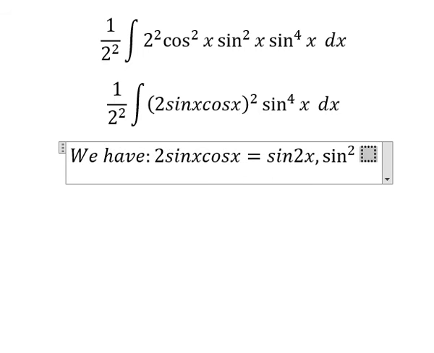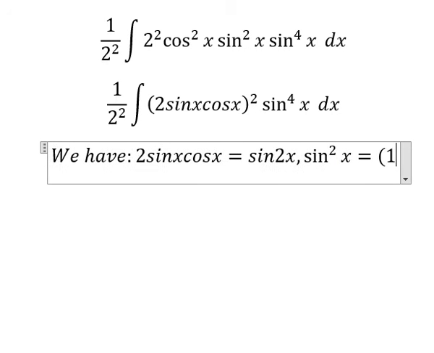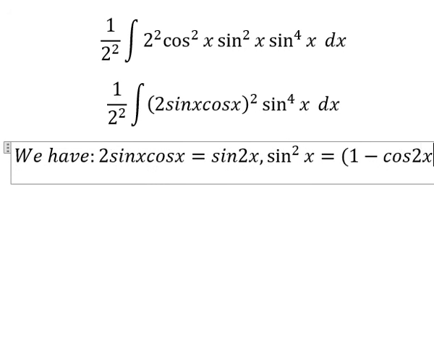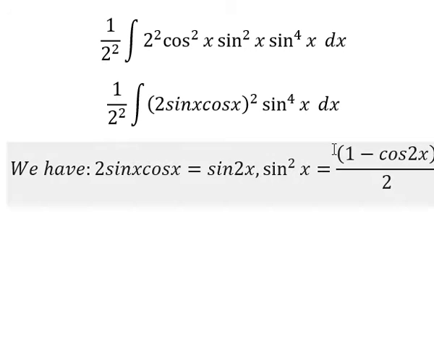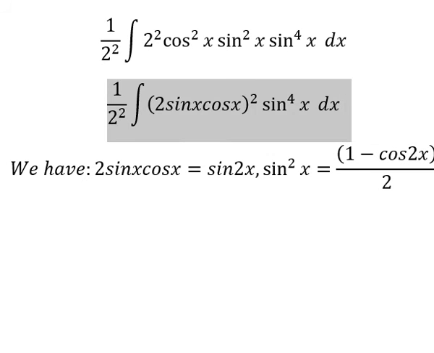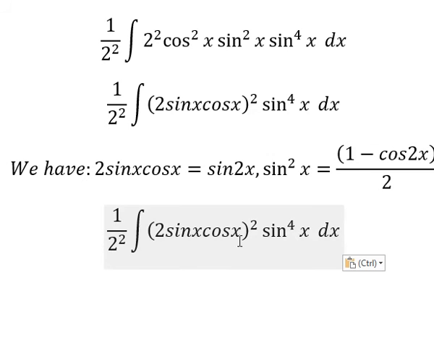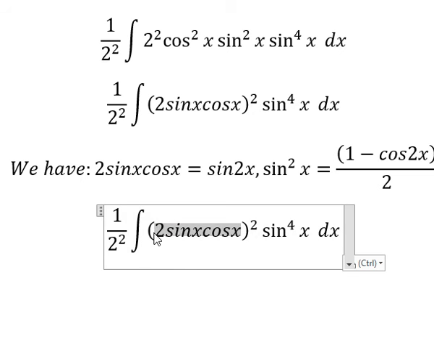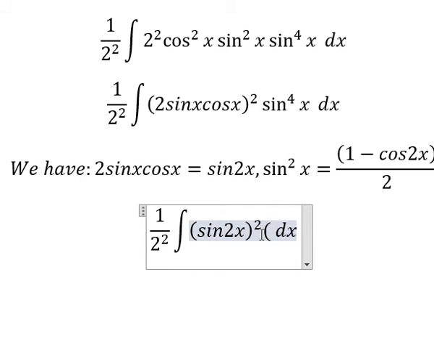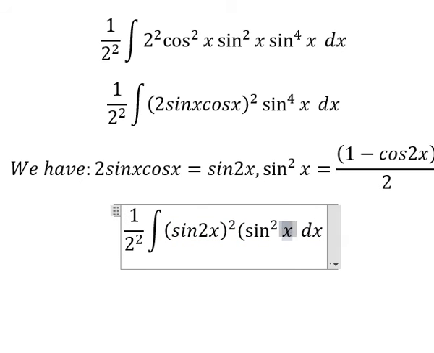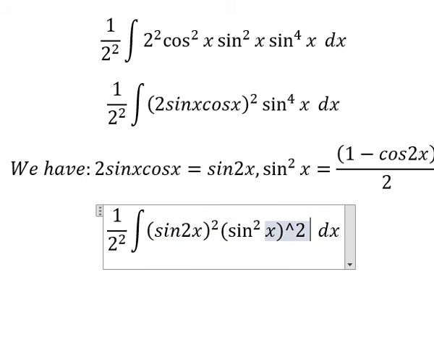Sin^2 s, we change for (1 minus cosine 2s) over 2. This one we change for sin 2s. This one, sin^4 s, that's about (sin^2 s) to the power of 2.